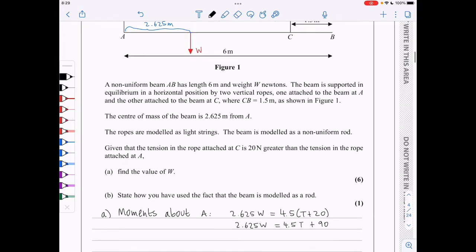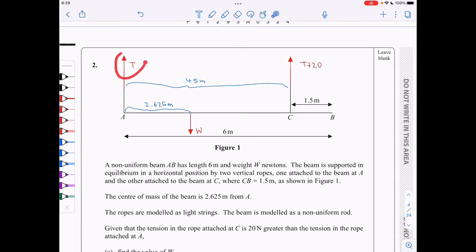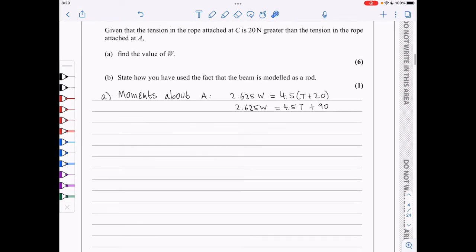In addition, the total upward forces is equal to the total downward forces because this is in equilibrium, and therefore we've got that T plus 20 is equal to W, which means that 2T is W minus 20, and therefore T is (W minus 20) over 2.